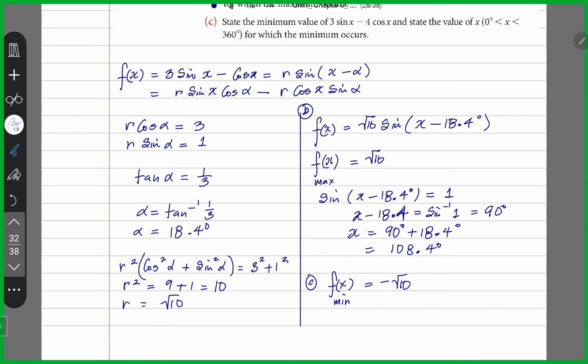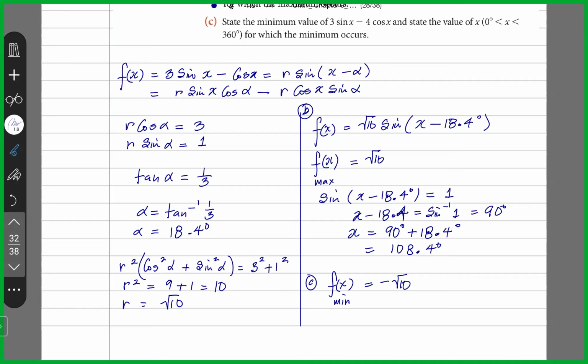And we're to state the value of x between 0 and 360 degrees for which this minimum occurs. This minimum occurs when the sine of x minus alpha is equal to minus 1.